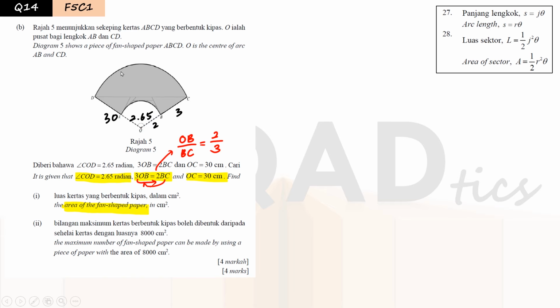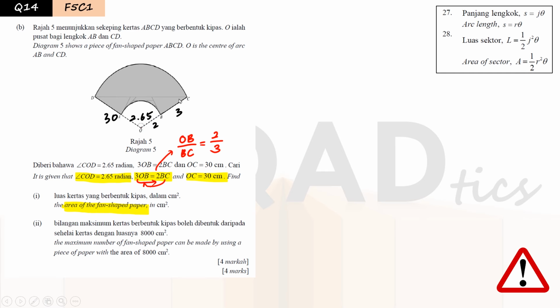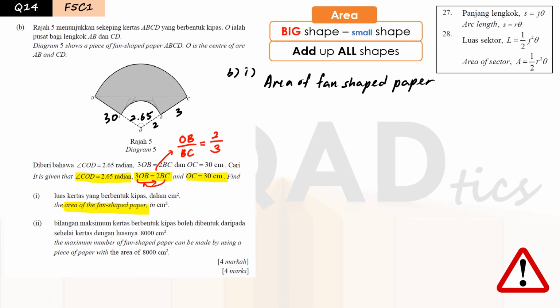Okay, area of the shaded region. So in the previous questions, I also shared the method to find out the area of the shaded region, right? Which is these 2 methods: big shape minus small shape, or add up all the shapes. So for this one, I would say we will also use the first method, right? Big shape minus the small shape.